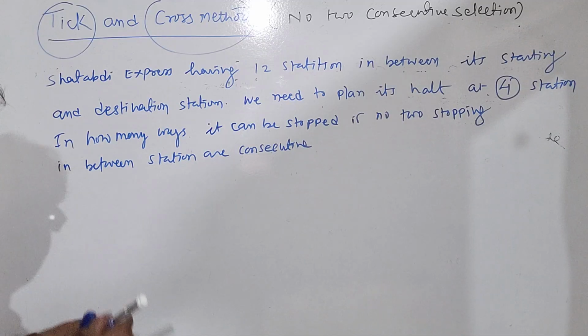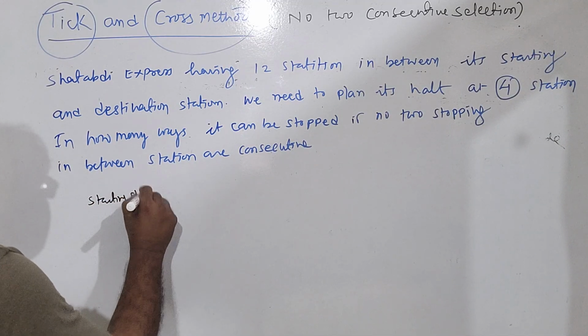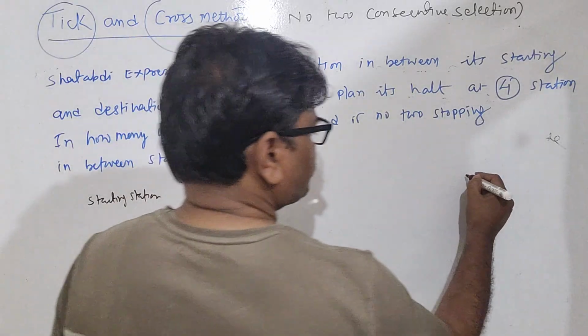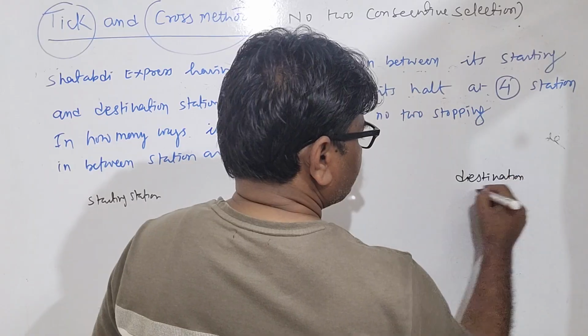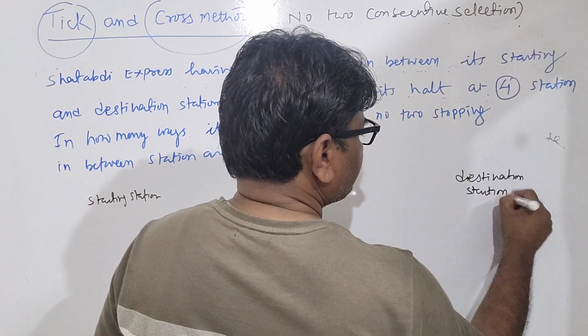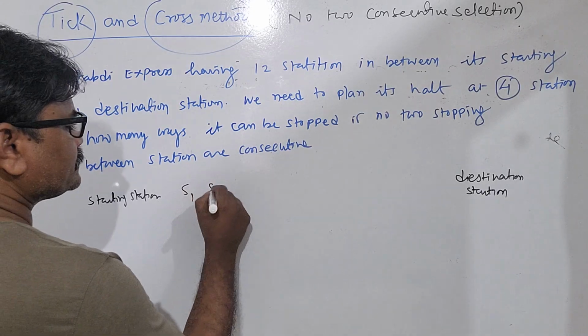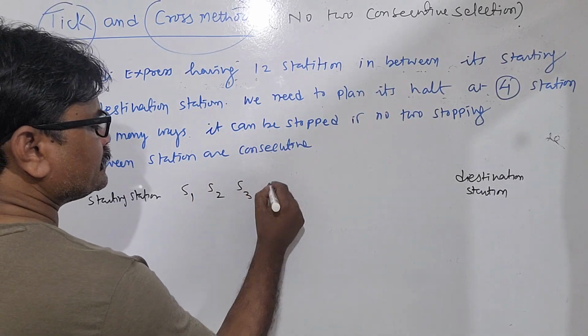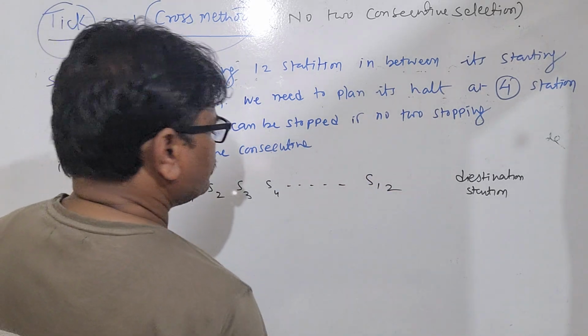So this is the starting station, and this is the destination station. In between starting and destination we have 12 stations: station number 1, station number 2, station number 3, station number 4, up to station number 12.